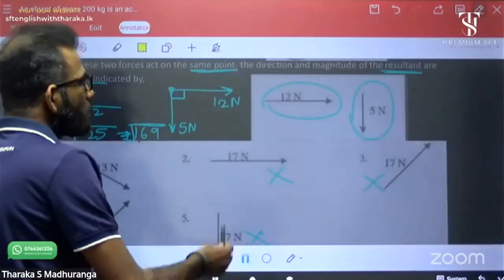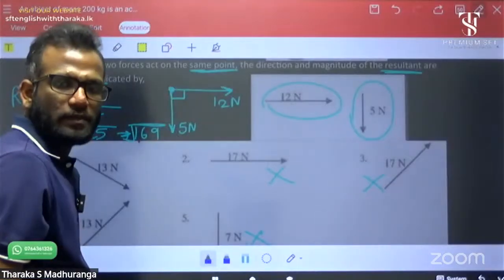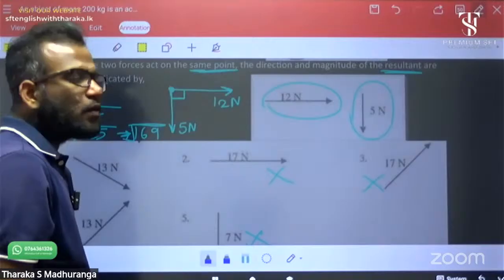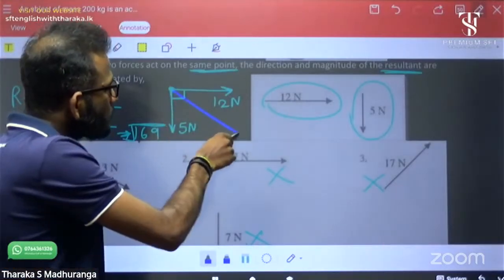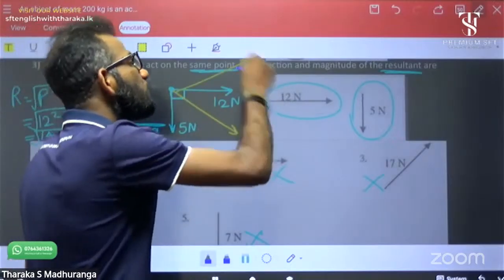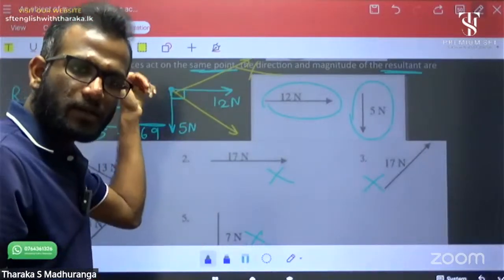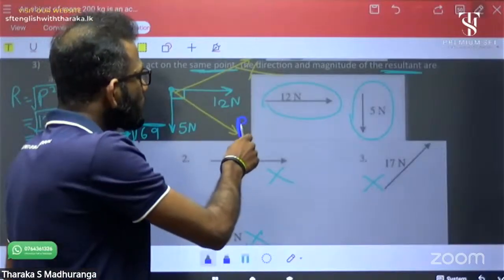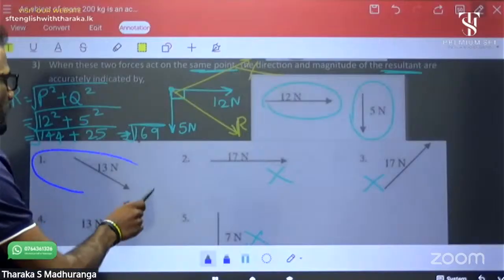I always told you, if it is at perpendicular directions, always the resultant force acts between these two forces. That direction is not possible. Then definitely answer number 1.